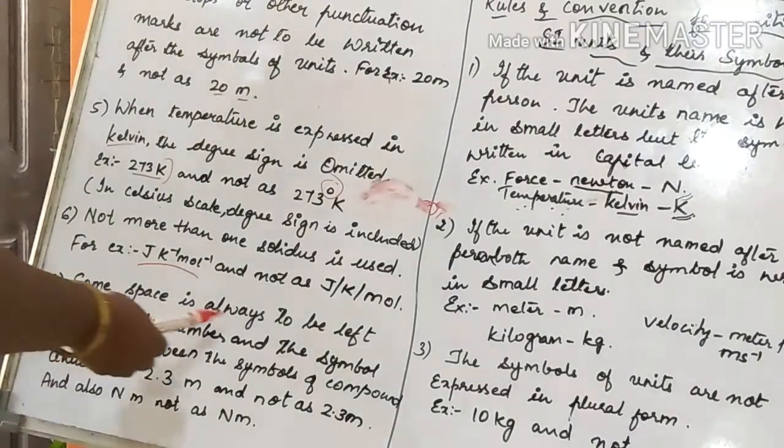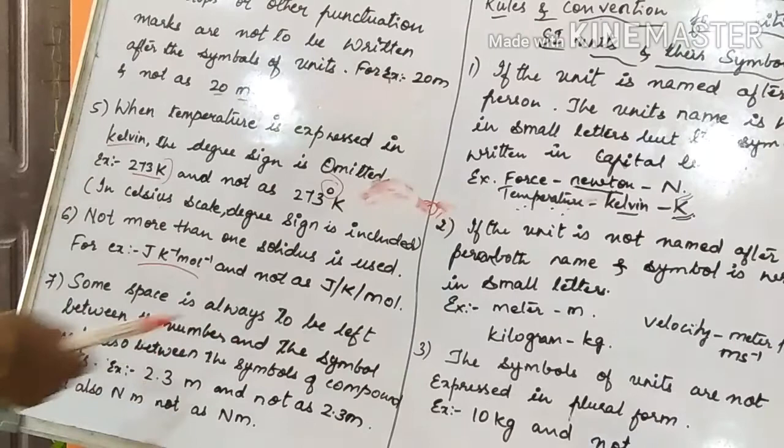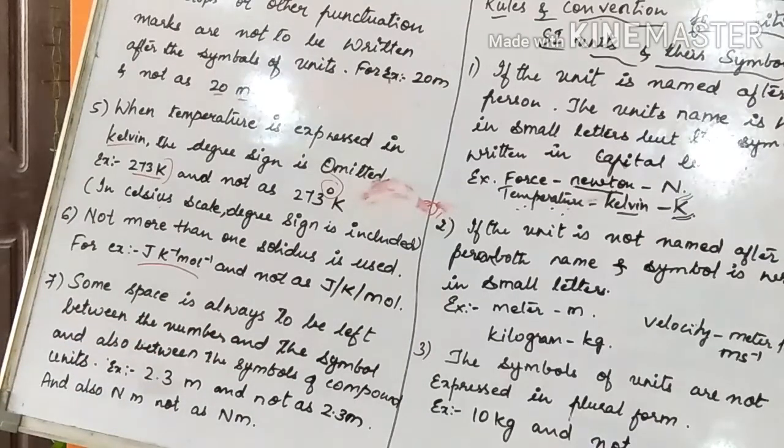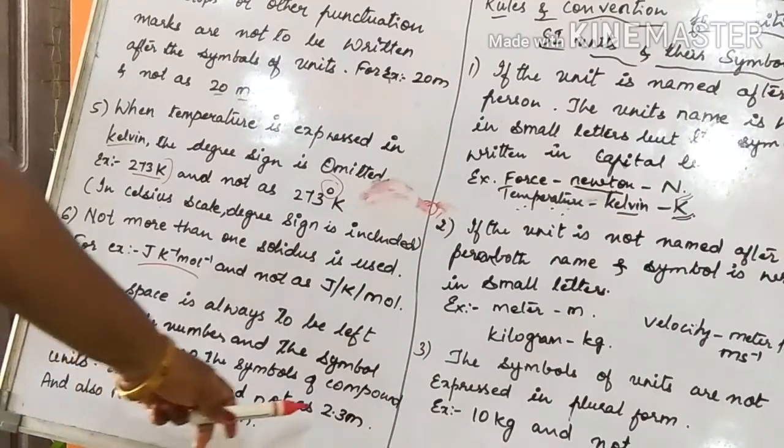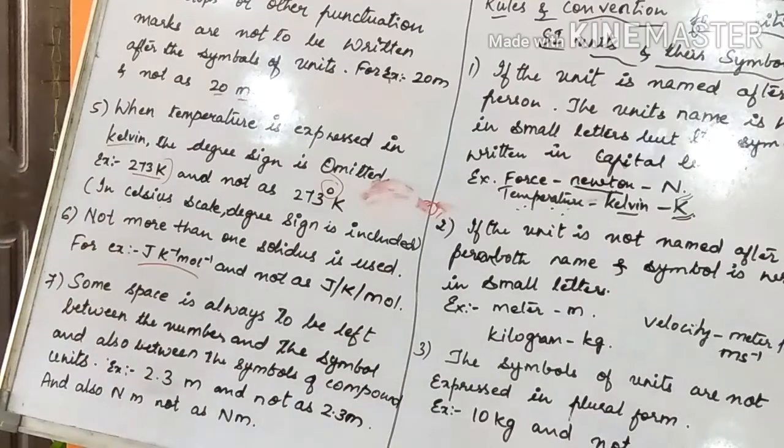Now some space is always to be left between the numbers and the symbols, so 2.3 space meter, not continuous. Also Newton space meter, not Newton meter.